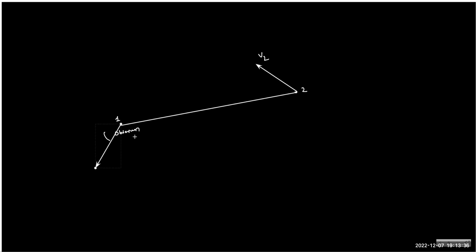This was the actual V1. What is minus V1? A reversed vector, right? And V2 plus minus V1 means this value. So you have to add V2 and minus V1. It's like this.